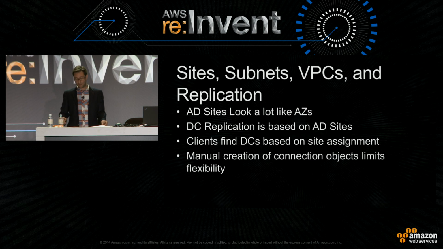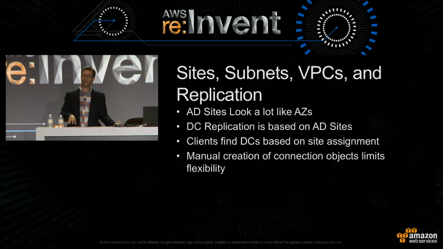The SRV record that's returned should be the closest domain controller, the one with the least cost to access. So in this way, the client locates its best in-site domain controller. Sites are also used by AD-aware applications like SCCM to locate and to point clients to appropriate resources in the SCCM environment.